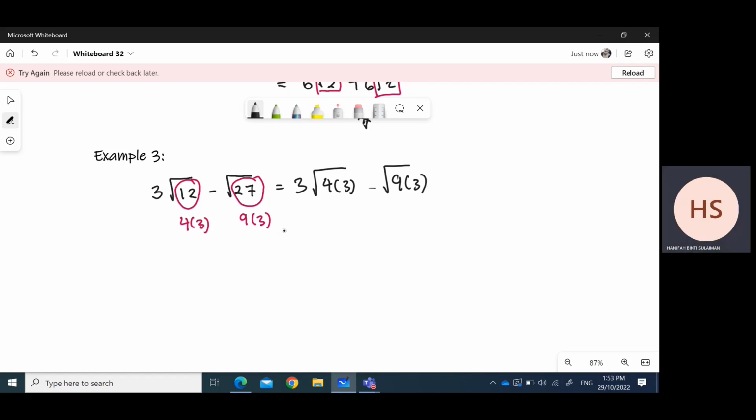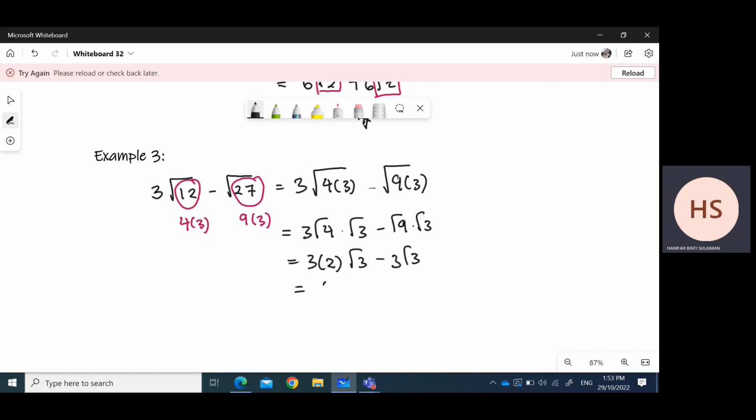Okay, so it is also equivalent with 3 times square root of 4 times square root of 3 minus square root of 9 times square root of 3. Square root of 4 is equivalent with 2, so here we have 3 times 2 times square root of 3 minus square root of 9, here is 3 times square root of 3.